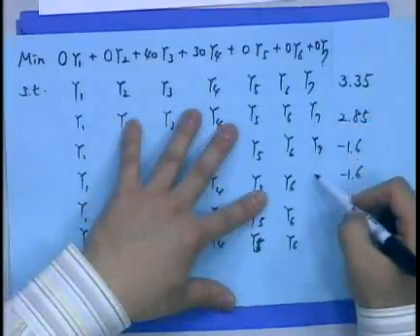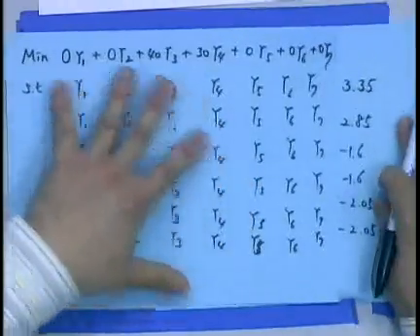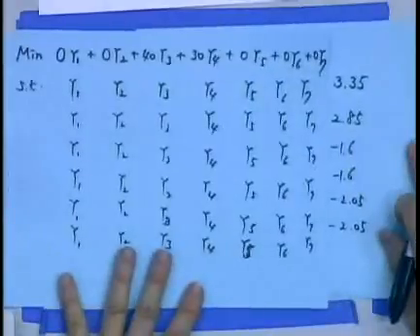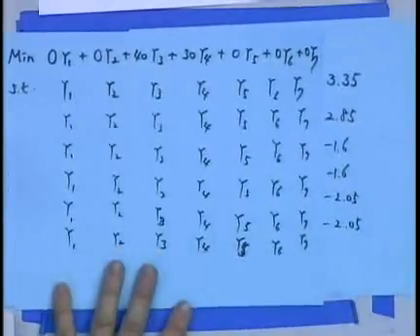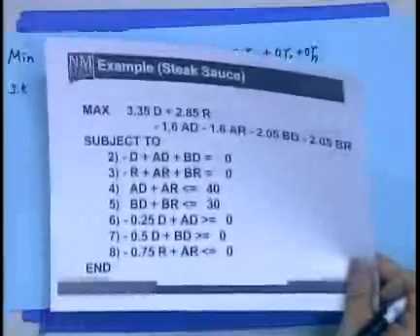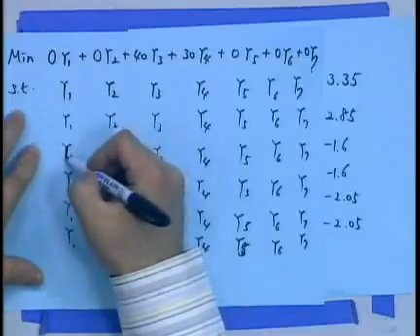The transpose of the primal constraint coefficients becomes the constraint coefficients in the dual problem.